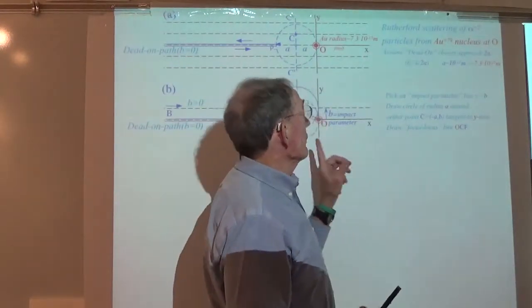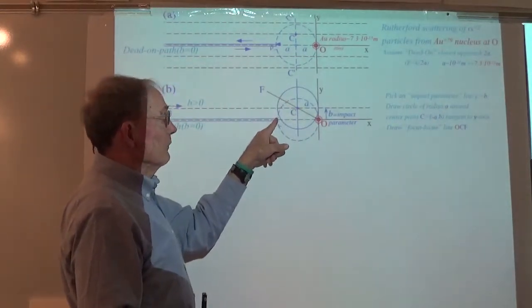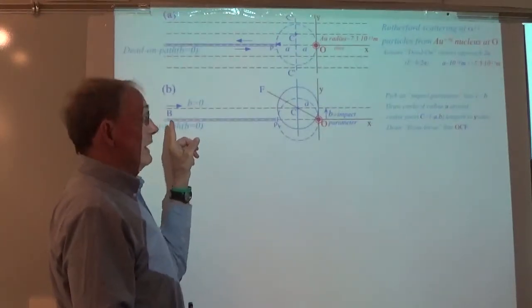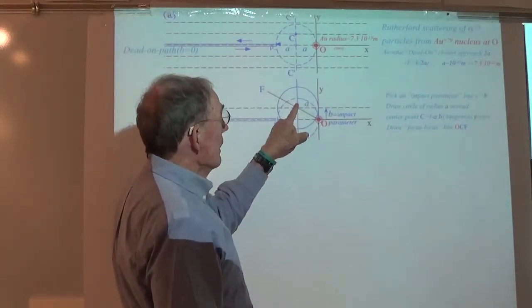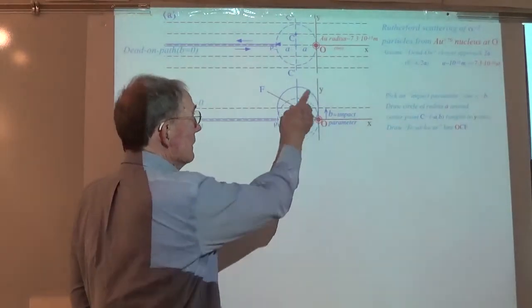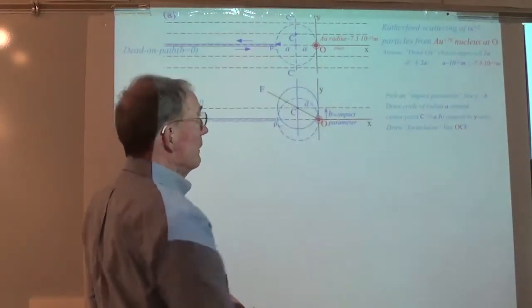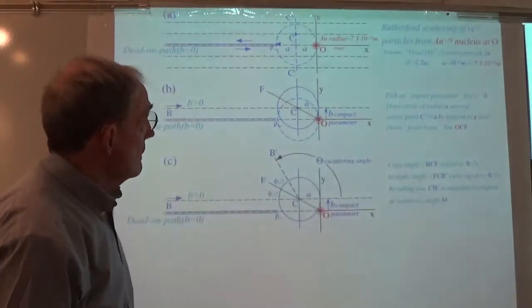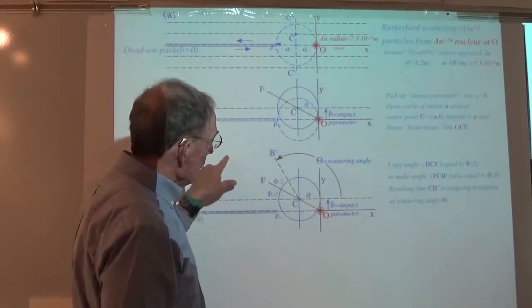Draw a circle just like the one that tracked the turnaround that was 180 degree scattering, back scattering, and put it up so it sits right above the original circle here, and then it's with these lines that we will get everything that has to do with that particular impact parameter. So the next step here is to copy this angle right here.